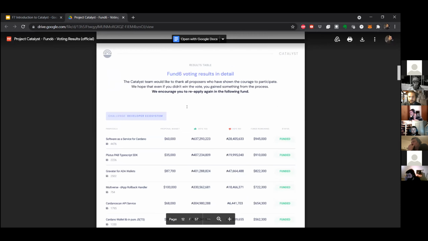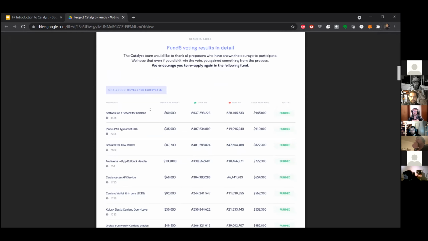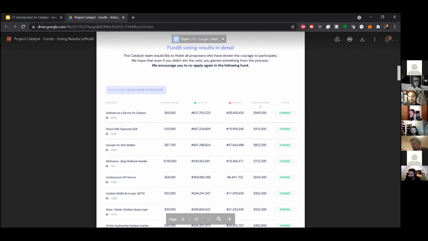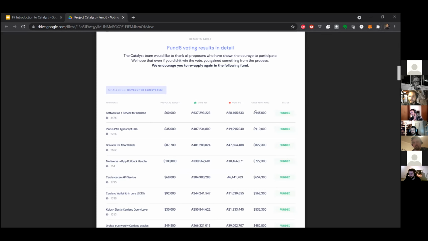For example, here in developer ecosystem, this was the most voted proposal, software as a service for Cardano, and it requested $60,000. And the total funding available in this challenge was $1,005,080. So after this one got funded, the remaining funds were $945,000.